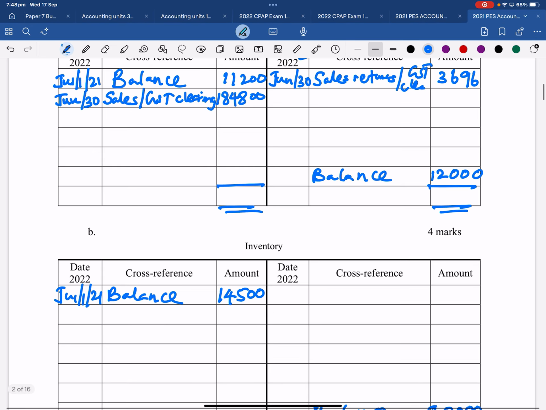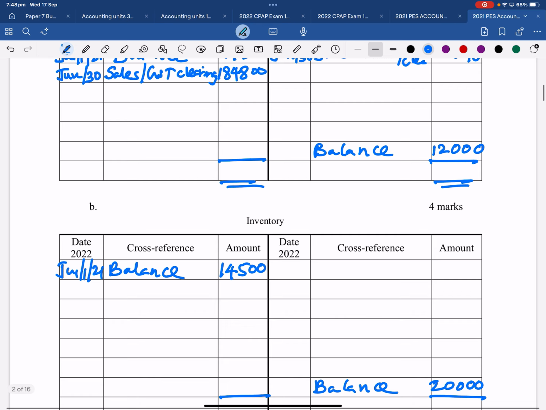Then what do we do here? What's the double entry for 140? Credit the inventory and debit. What happens to inventory?